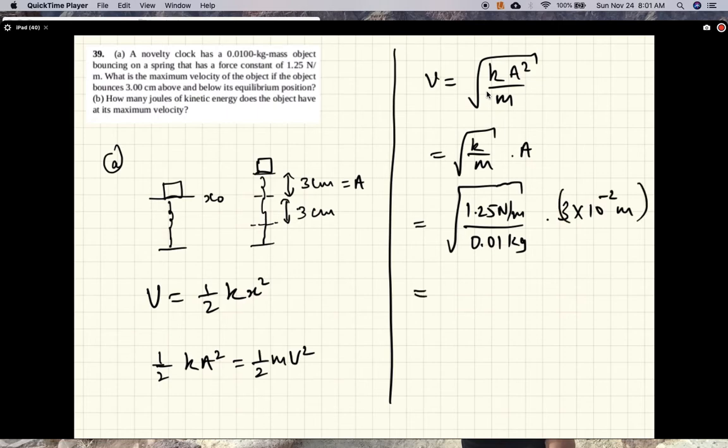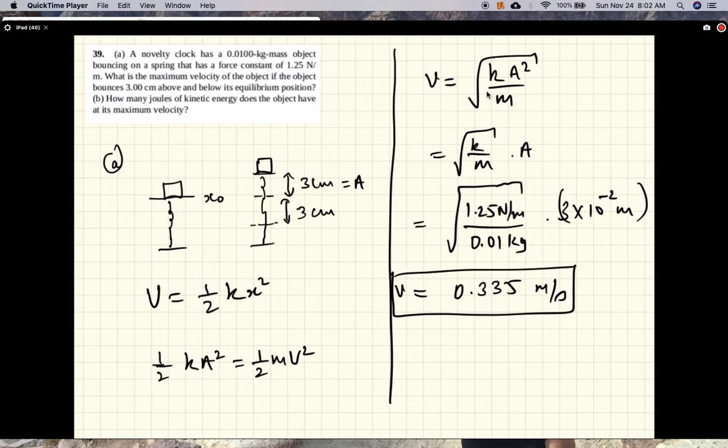Okay, so this works out to 0.335 meters per second. So that's the maximum velocity.